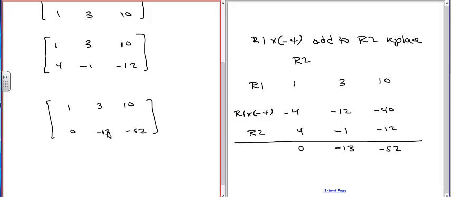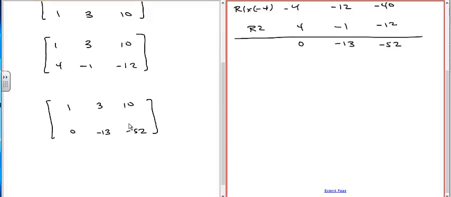So now we got 1, 0. The next thing is to get a 1 here. Well, all you have to do to do that is take row 2 and divide by negative 13. So let's write that down. Row 2 is 0, negative 13, negative 52. So row 2 divided by negative 13: 0 divided by negative 13 is 0.